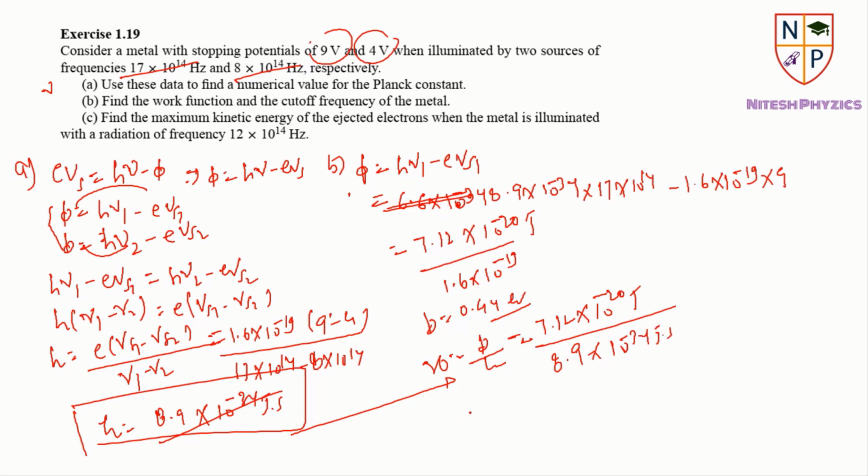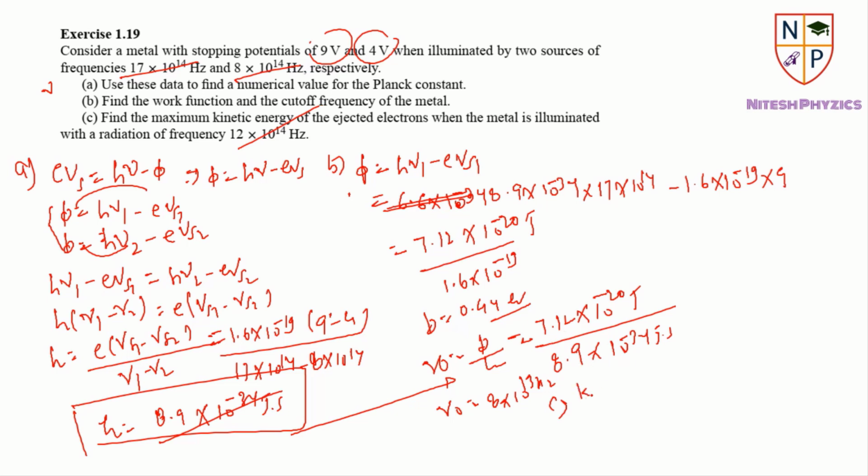So we can easily calculate the cutoff frequency, which will be 8 into 10 to the power 13, right? And now part C, find the maximum kinetic energy of the ejected electron when the metal is illuminated with radiation of frequency 12 into 10 to the power 14 hertz.